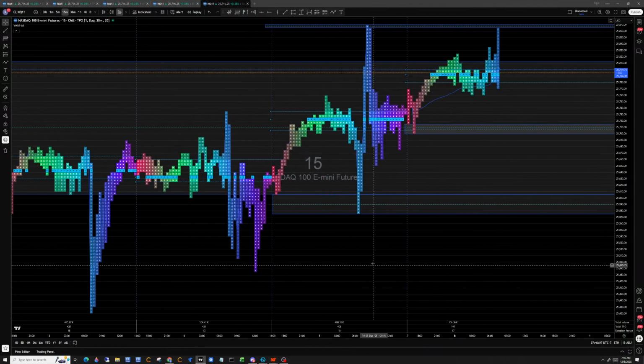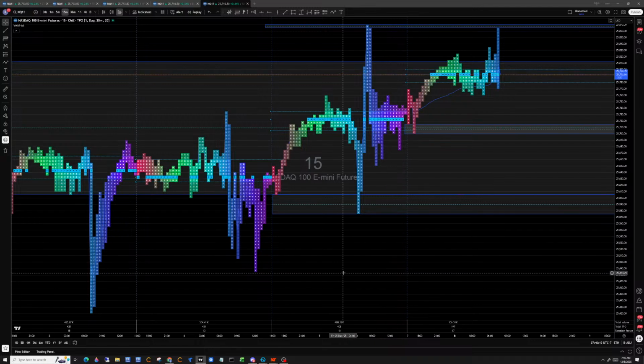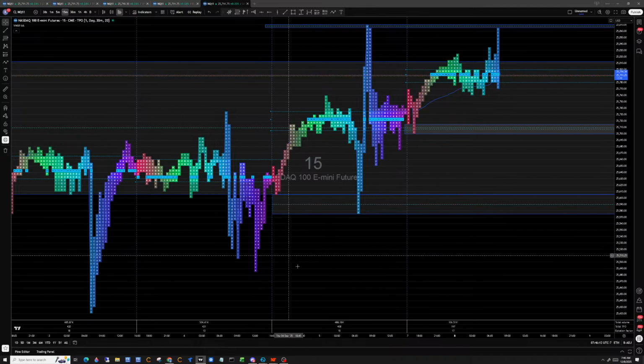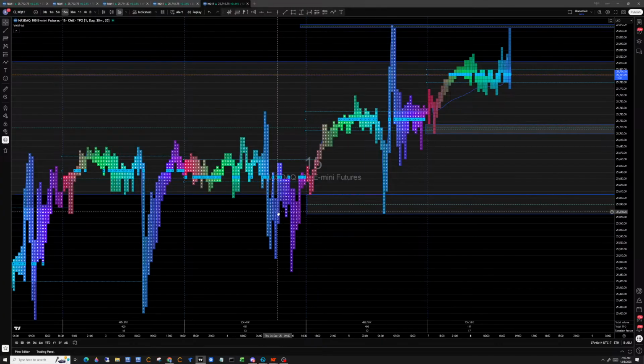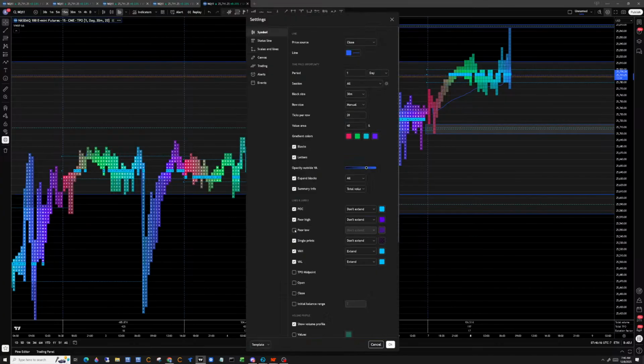This is a really powerful chart if you know how to use it, but again, it's got its limitations because this is on TradingView, and on TradingView we don't have real true volume data. So I use it for the TPO because time is time, and that doesn't matter.